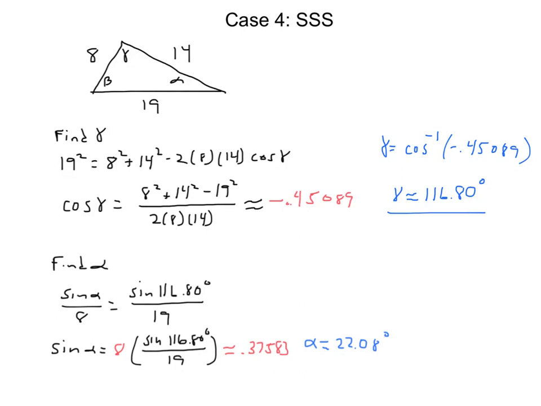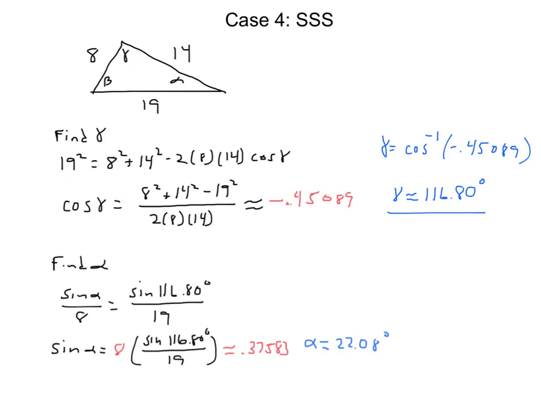Setting it up with the law of sines, I know the sine of alpha over 8 is going to equal the sine of 116.80 over 19. Now, multiplying both sides by 8, I get that the sine of alpha is 0.37583, which when I put that into my calculator using the inverse sine, I get that alpha is 22.08 degrees.